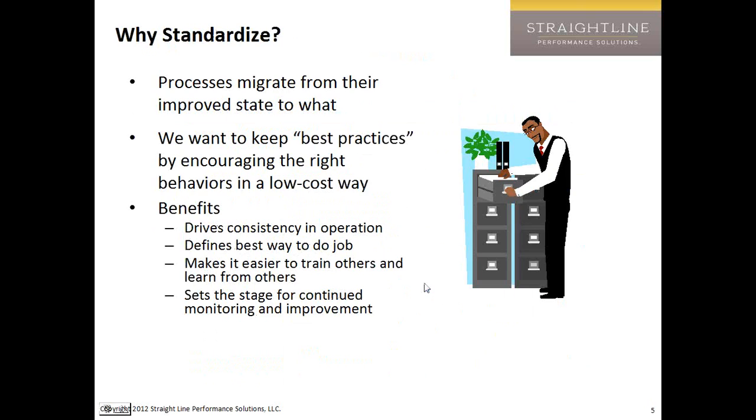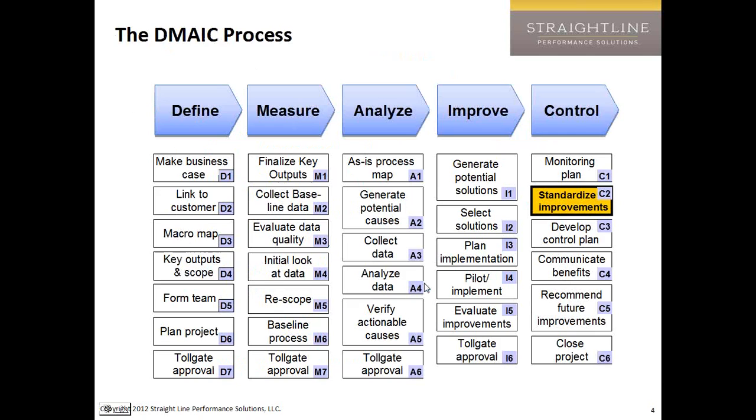So I want to start out with, oh yes, and before I go into this, at a high level, these are the activities that you really need to be thinking about in the control phase.